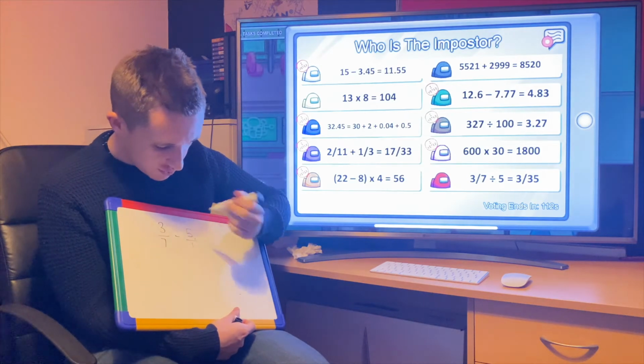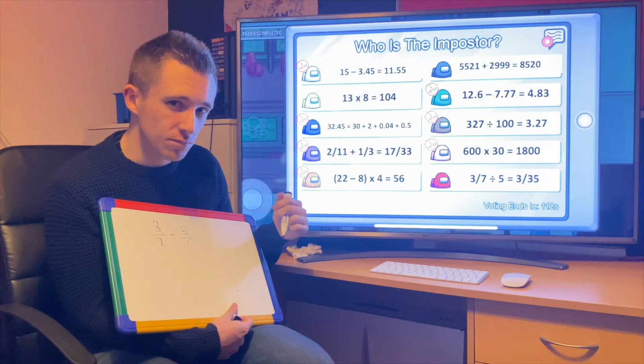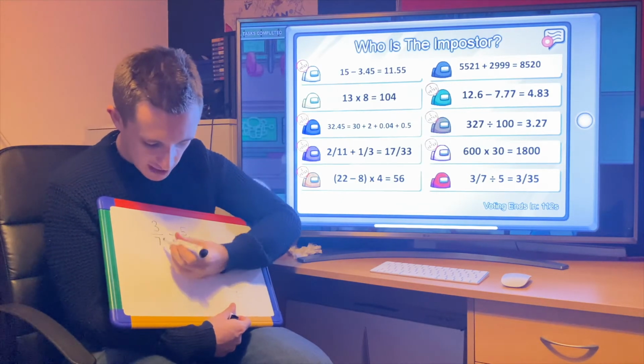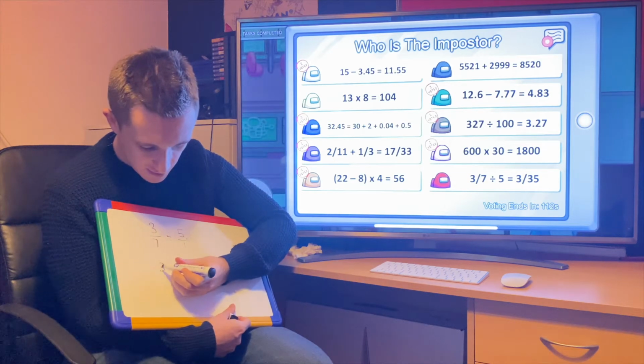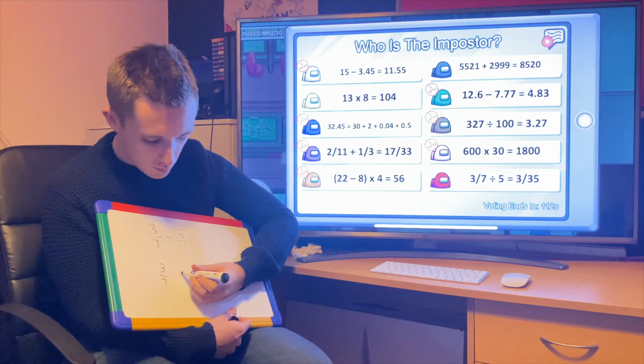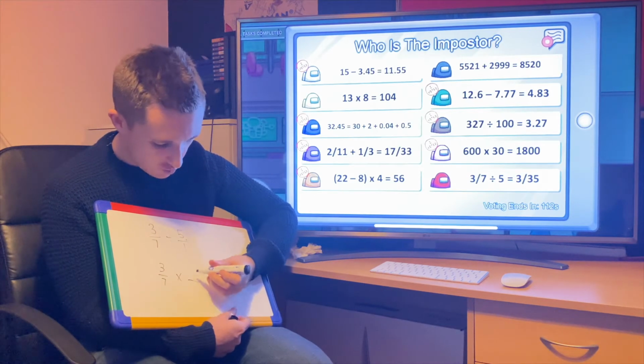Now, we have a divide. So we need to do our KFC, like we talked about before, not the takeaway. So, keep, flip, change. We keep this fraction, so that stays as 3/7. We flip the symbol to times. We change the fraction by swapping it over.